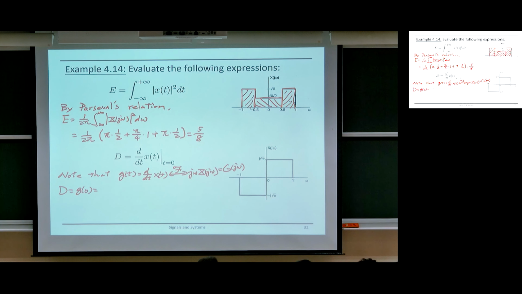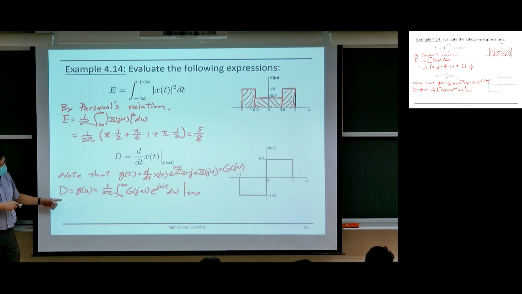And g of 0, right, we can write as 1 over 2 pi integral of G times e to the j omega t d omega evaluated at t equals 0. Okay? So g of 0 is g of t evaluated at time 0. And g of t you can write in terms of the inverse Fourier transform of capital G, okay?